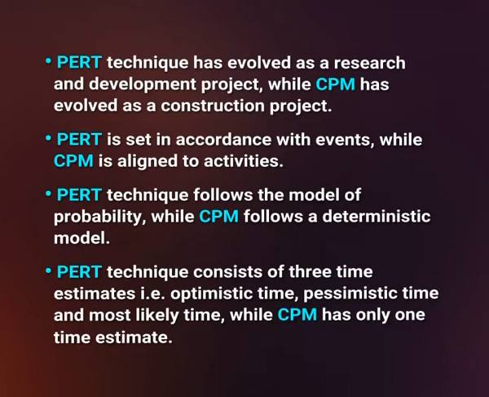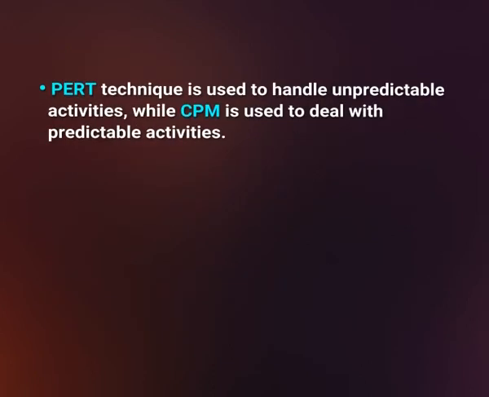PERT technique consists of 3 time estimates, that is optimistic time, pessimistic time and most likely time, while CPM has only 1 time estimate.